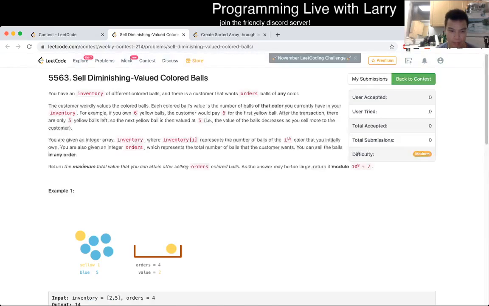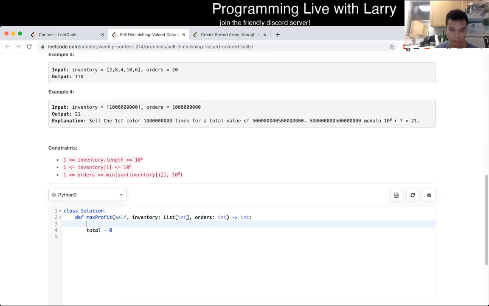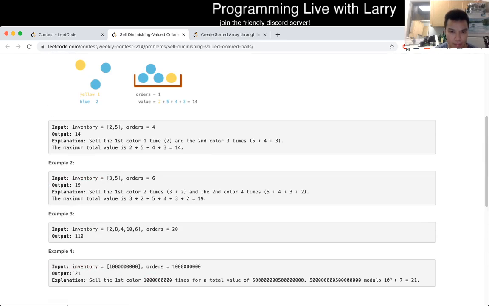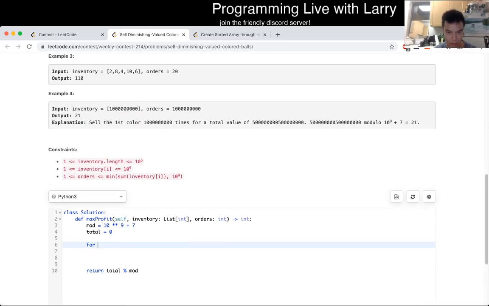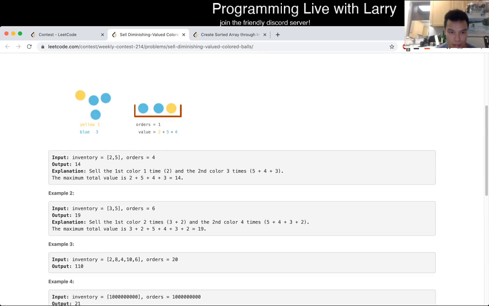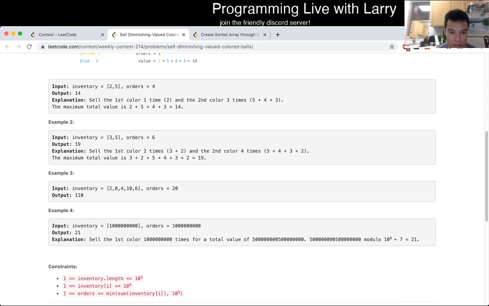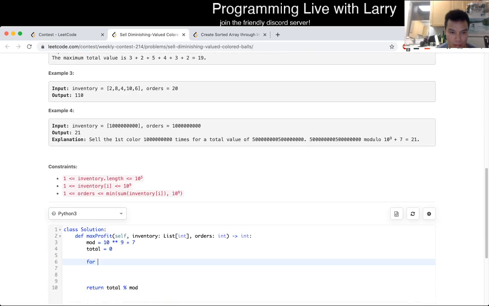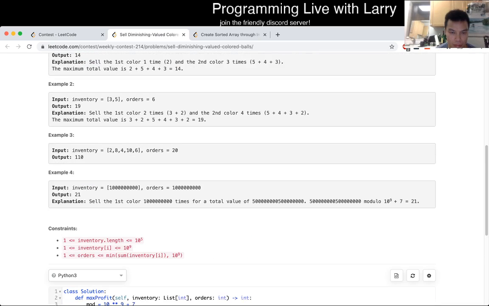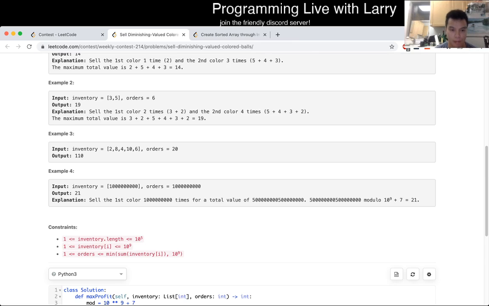Oh, is there a mod? This is an annoying one.